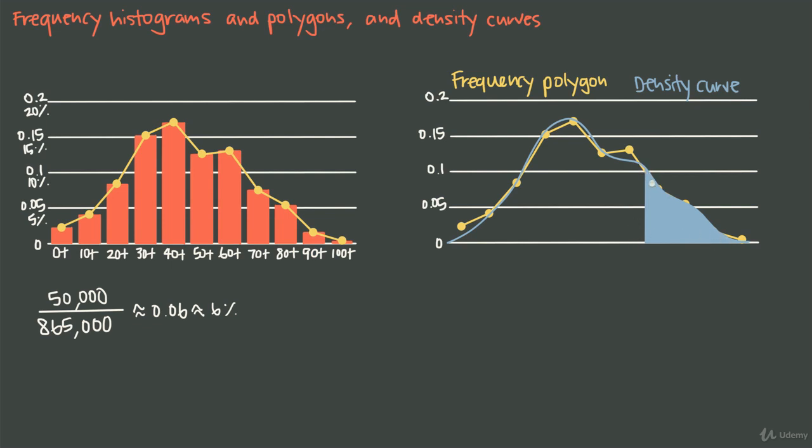But let's just say that this is 25% of the total area under the curve. That tells us that 25% of our population is going to be 70 years or older, because this is the 70 years or older mark in our interval right here. So we would shade in that area, and then based on how much area is under the curve, that's how we would estimate the total percentage of our population.